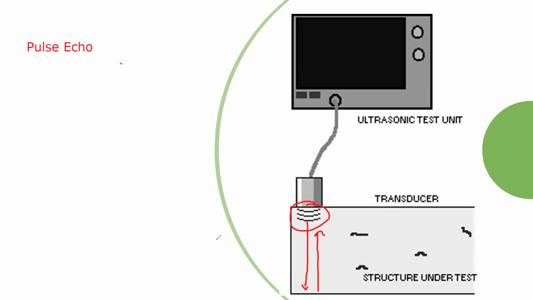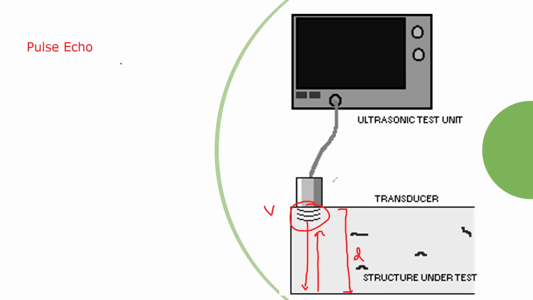The speed of the wave is known, whether we use sound waves or electromagnetic waves, the speed in the medium is known. So the speed is v, and the width of this object is d.